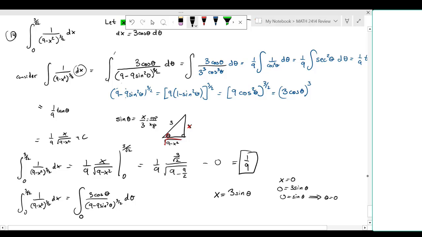So the theta bound here starts at 0. And then when x is the upper bound, we know that x is 3 sine theta. That doesn't make sense, does it? Oh, I miswrote it. The upper bound is 3 over root 2.